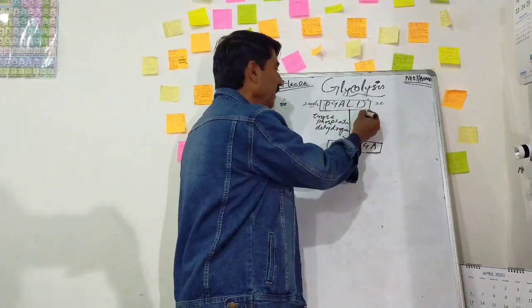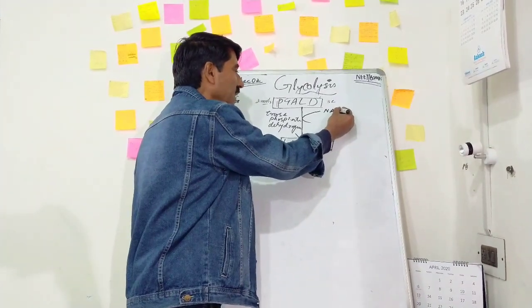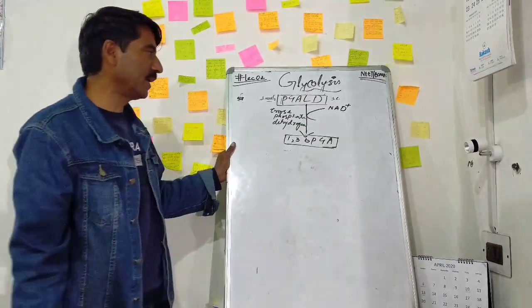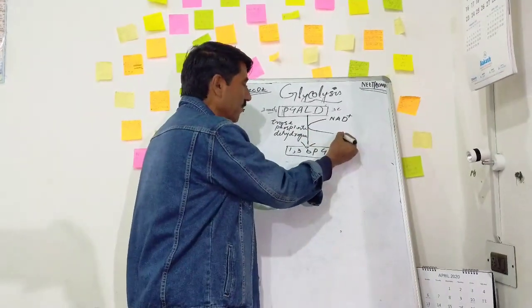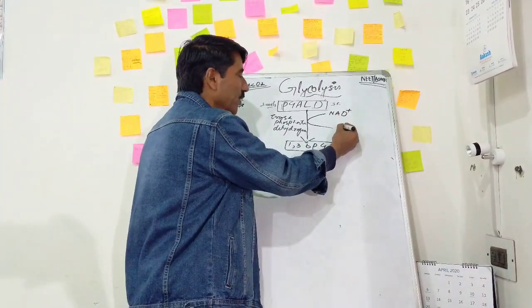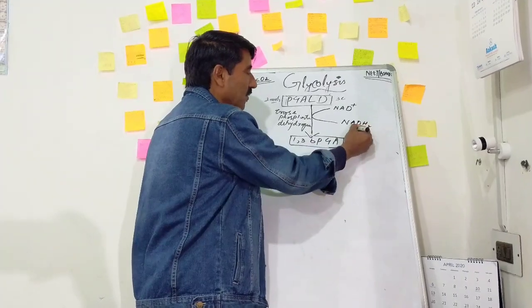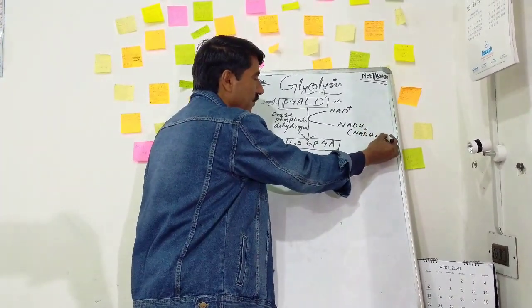Here NAD positive, an oxidized form of this coenzyme, the oxidized form of nicotinamide adenine dinucleotide, gets reduced into NADH2, or NADH plus H positive.